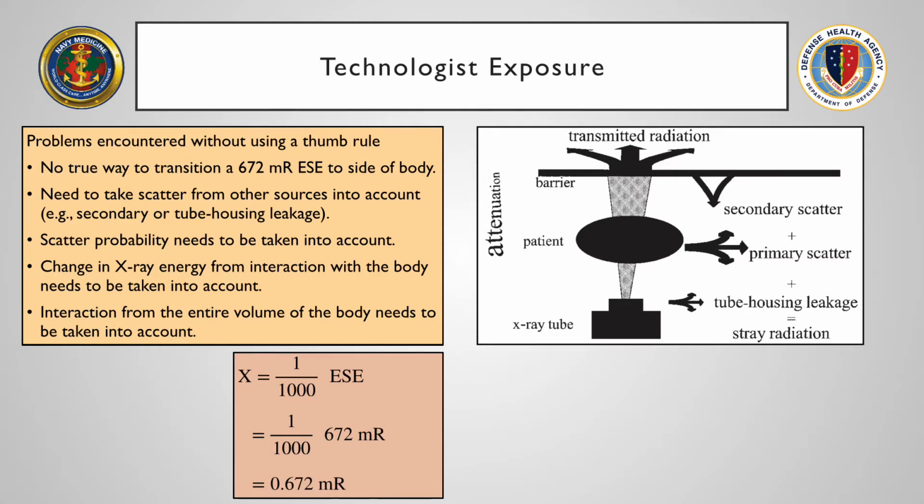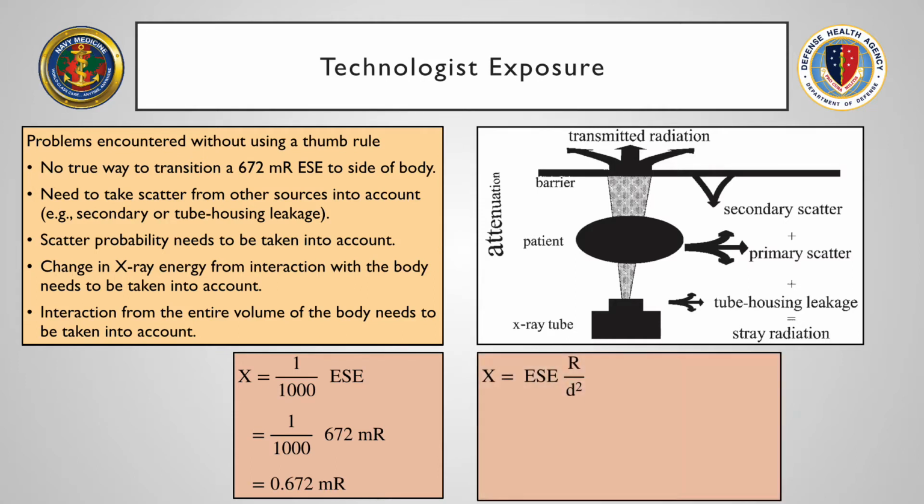Or instead, you can use entrance skin exposure times your R factor divided by your distance squared, which the R value was 1 times 10 to the minus 3 meters squared. And after substituting in your 672 milliroentgen, leaves you with 0.672 milliroentgen. So they're both just different versions of the same problem. So at this point, it's just a matter of which thumb rule you want to remember for this problem going into the CHP exam.